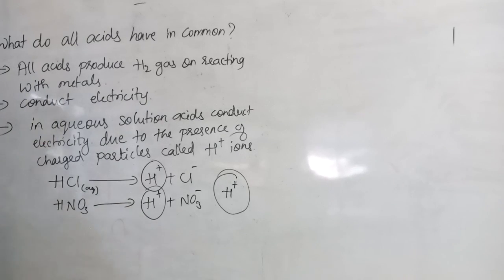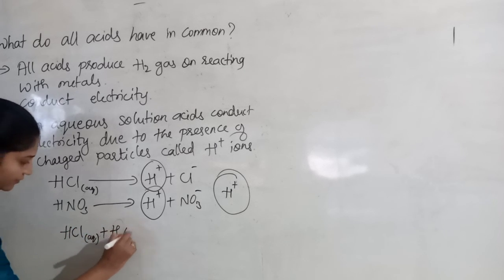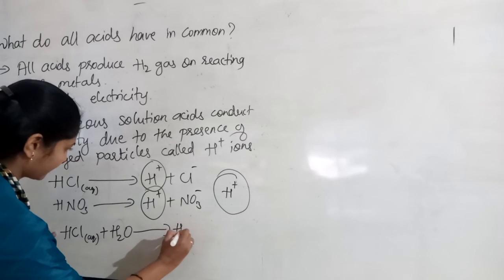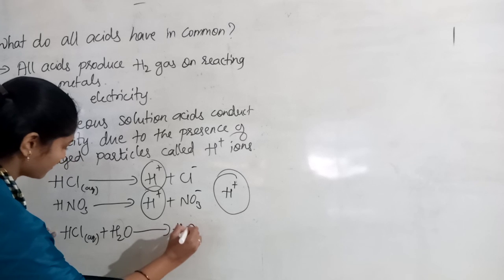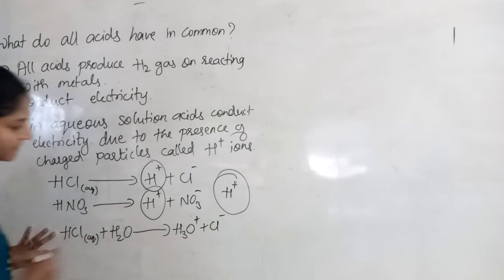When HCl dissolves in water, how do we write it? HCl plus H2O forms H3O plus and Cl minus.